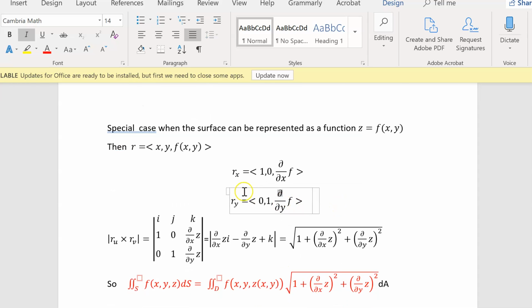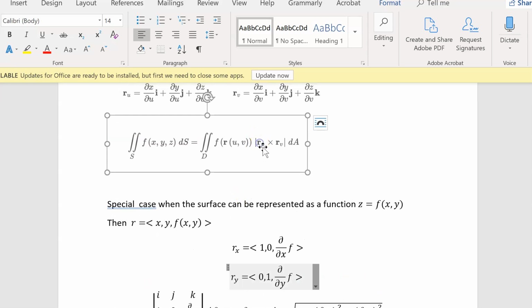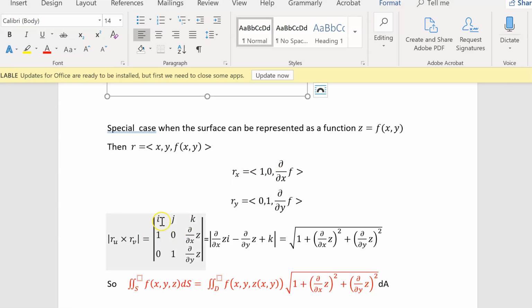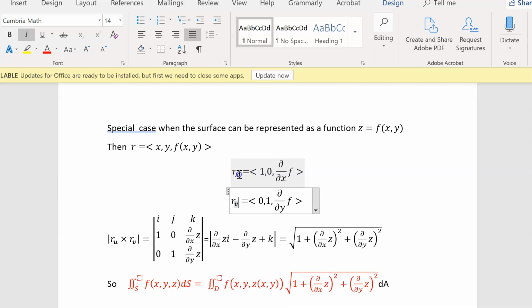Now, to simplify this, we are trying to find ru cross rv. So let's take the cross product with i, j, k, and ru is 1, 0, partial z over partial x. And rv is, well, it's actually x and y, so it doesn't matter because x is u and y is v.